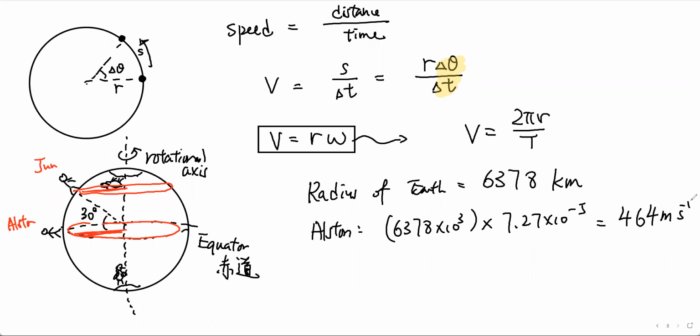Yeah, the speed is faster than an aeroplane. It's larger than the speed of sound, is it? It's larger than the speed of sound. But the aeroplane is actually moving relative to you, or relative to the ground.